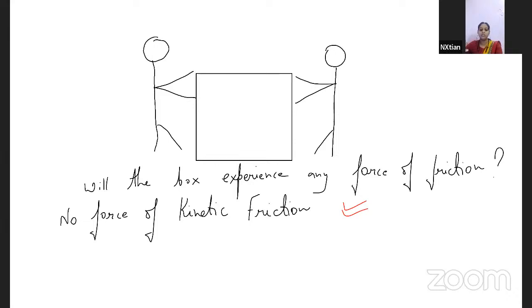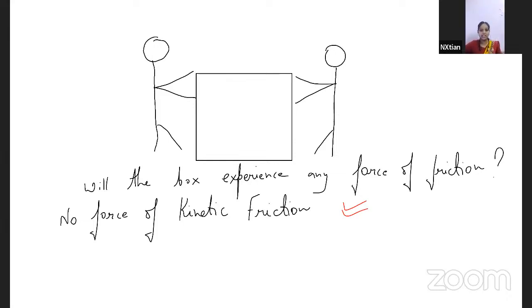So now moving on to static friction. What happens in static friction? It occurs when an object is stationary and an external force is applied to it, but the object is not yet moving. Listen very carefully.